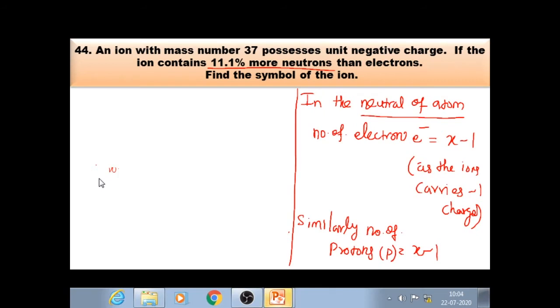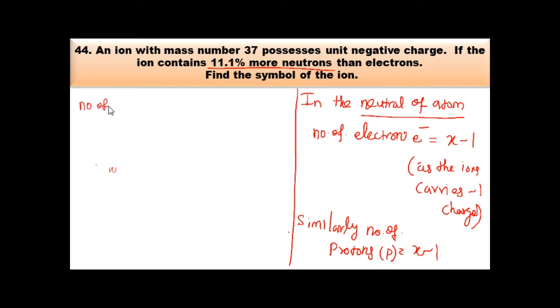So the number of protons plus the number of neutrons is equal to the mass number. What is the mass number? Already given in the problem, 37.